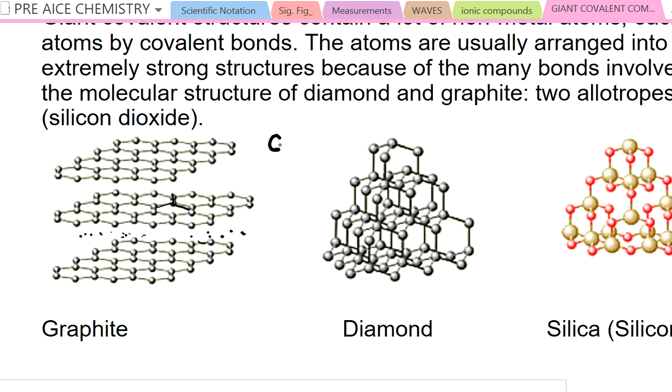So you have carbon attached to carbon, attached to carbon, and so on, and they form a shape like a honeycomb. They look like that.